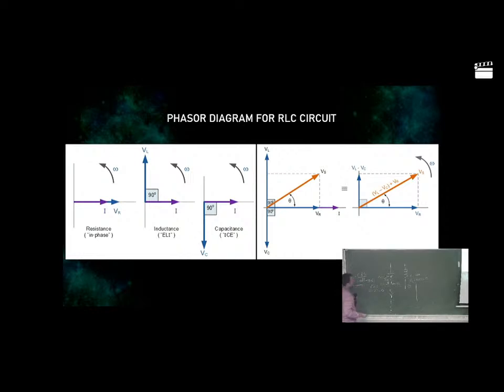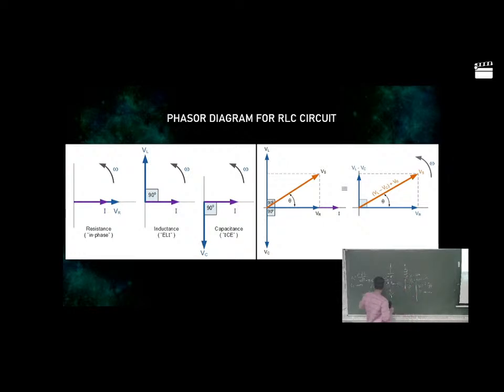Okay, and for V = L di/dt, for sudden change, voltage will tend to infinity. Sudden change means we are considering time as a 0 interval.